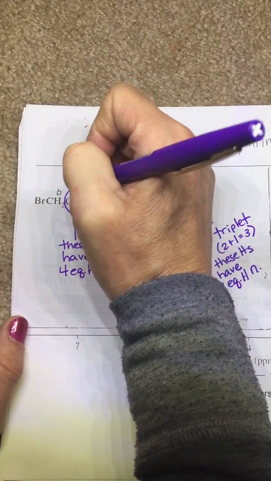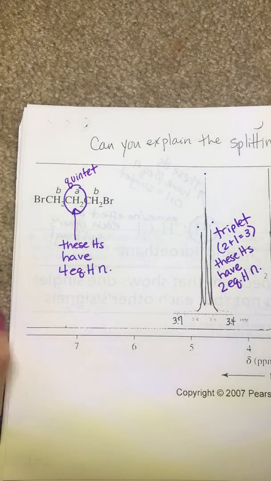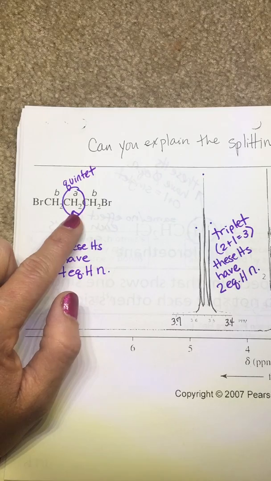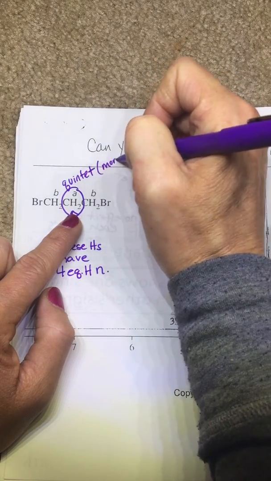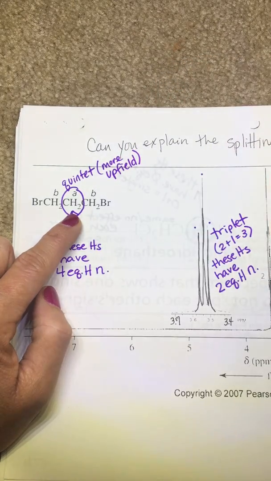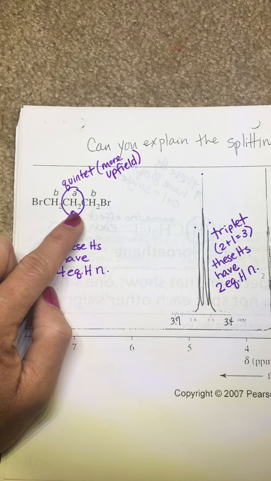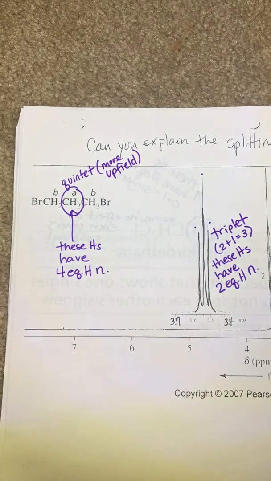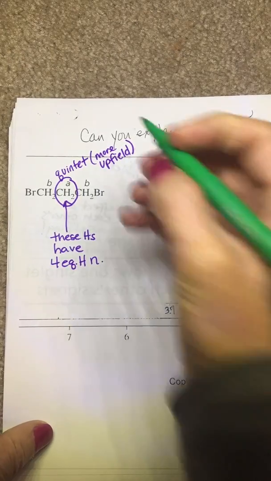So that's why we are seeing a quintet. 4 plus 1 is 5 for A hydrogens. Now our quintet should be more upfield. And again, we're supposed to know what those words mean. Upfield means further away from the electronegative atoms, and they are furthest away from those 2 bromines there.